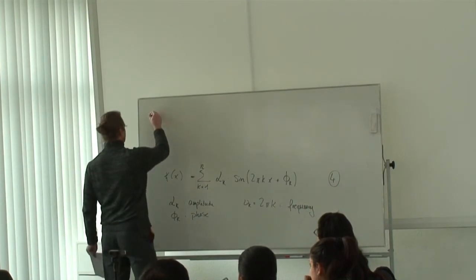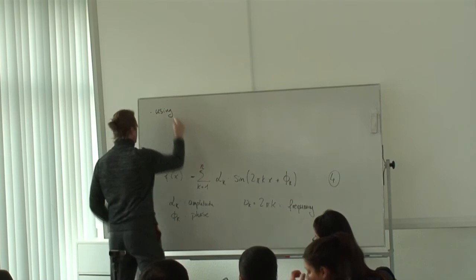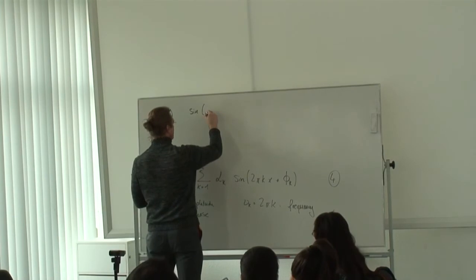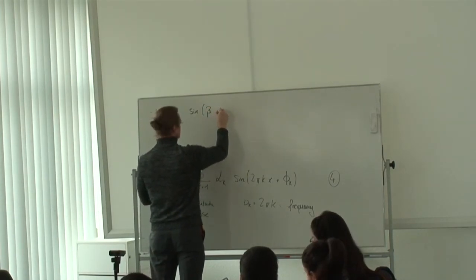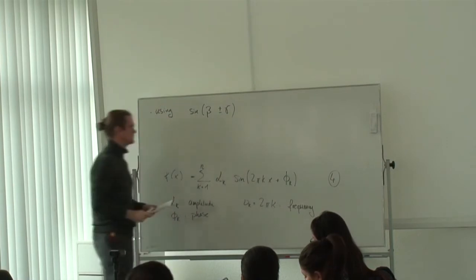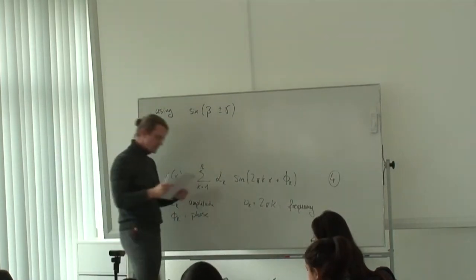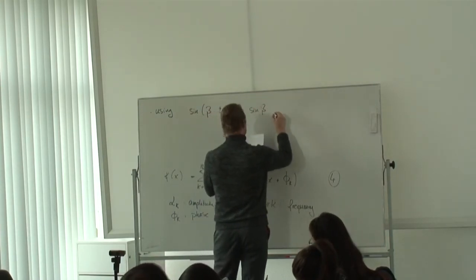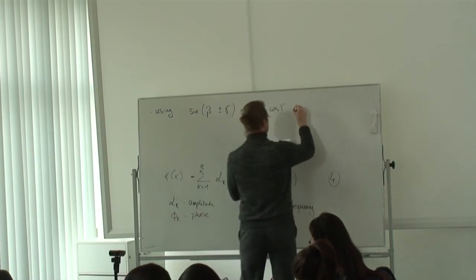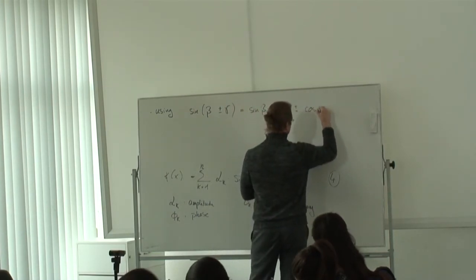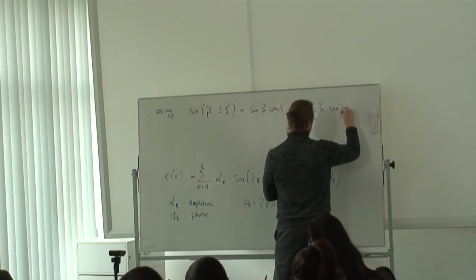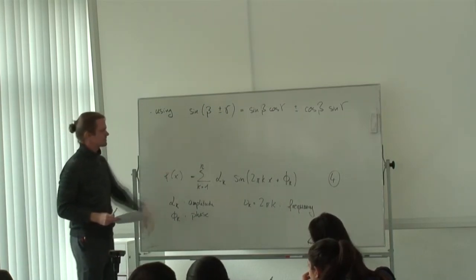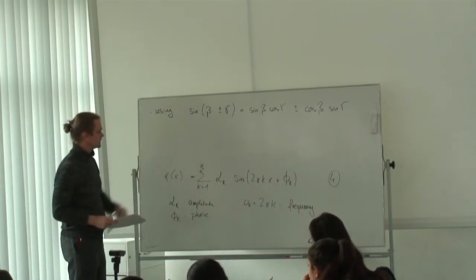Now we recall that if we're dealing with a function sine of some beta plus minus gamma, even more Greek letters, beta and gamma, then this is the same as, I hope, sine of beta times cosine of gamma plus minus cosine of beta times sine of gamma. And if I got it wrong again, don't worry about the details. There is something like this. I hope this is right. It should be.